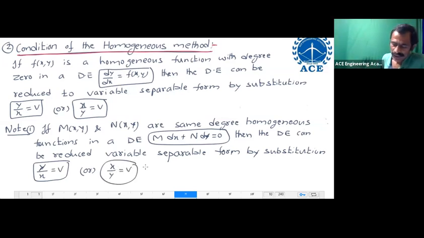Both are the same only. One is in derivative form, one is in differential form.